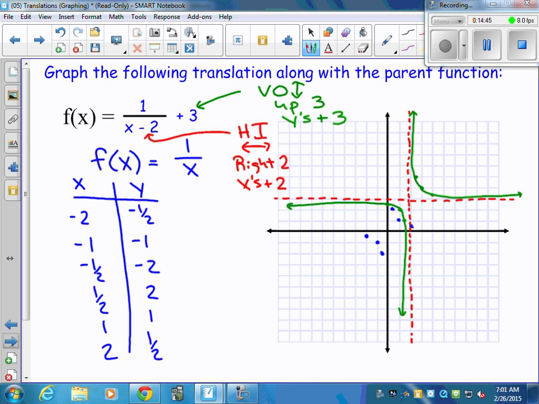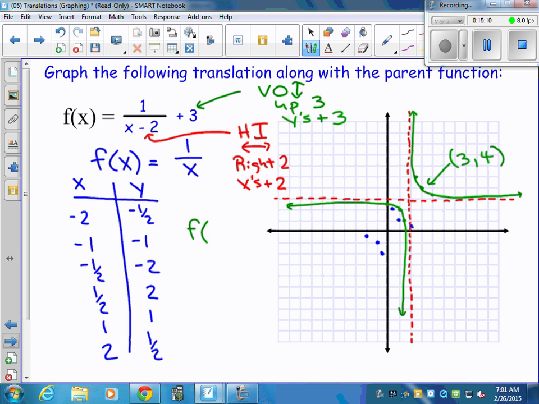Okay, once again, if you want to verify, do I know that I did this graph correctly? Identify a point and test it in your function. So this point here is x equals 3, y equals 1, 2, 3, 4. Now we want to test this in our function overall.